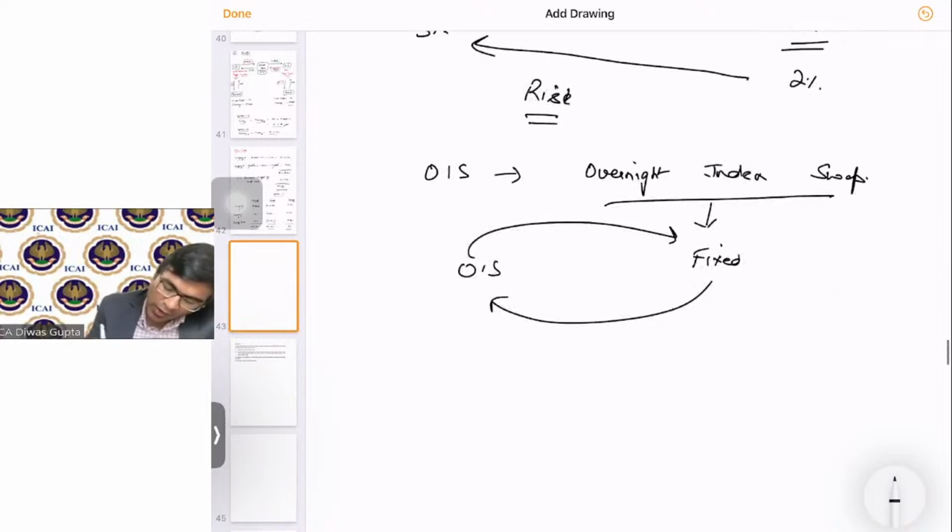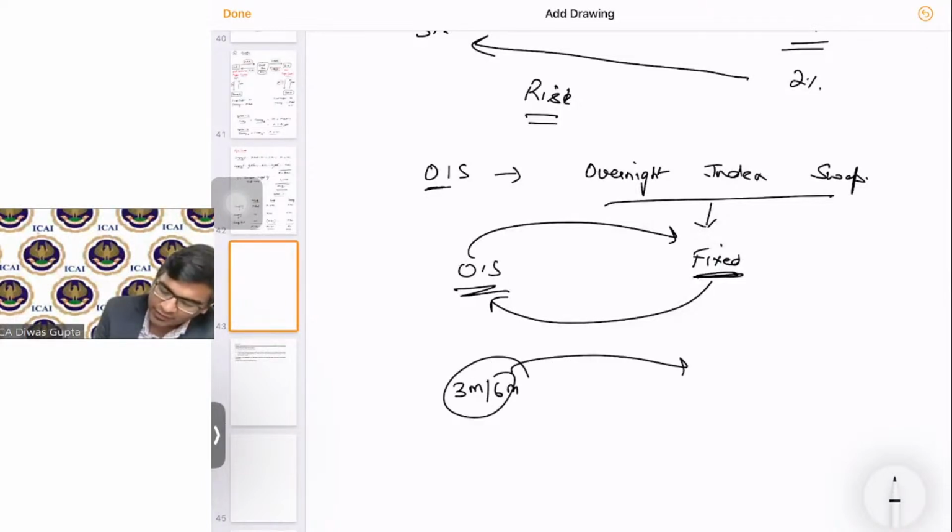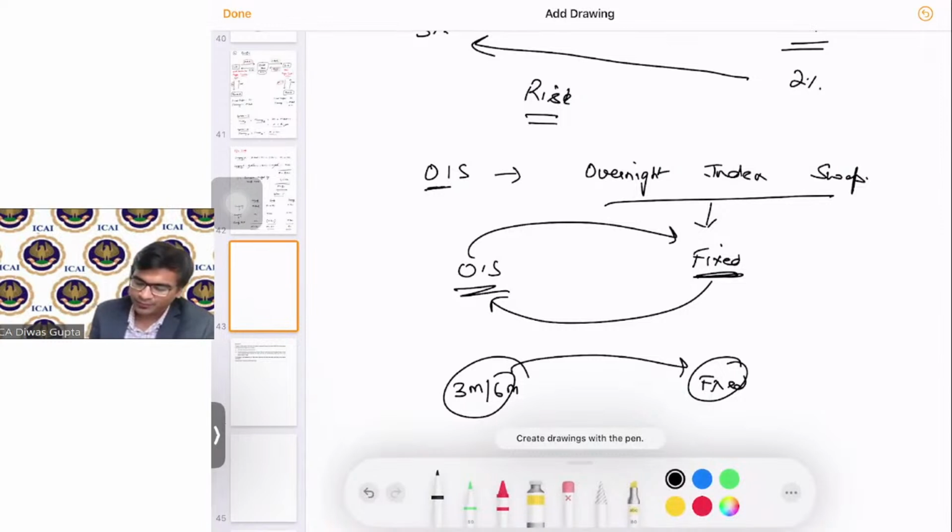Let's say OIS will keep on changing every day. The overnight interest index will keep on changing every day, but the fixed will remain fixed. So they will swap it against the fixed one, not with, let's say, a 3 months or 6 months kind of rate with fixed.